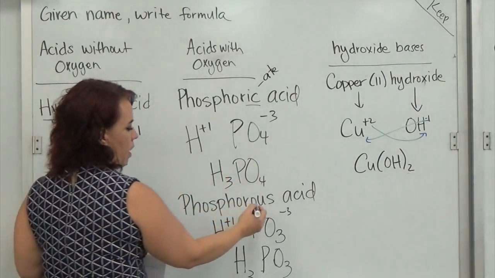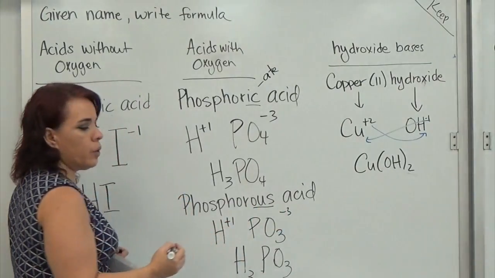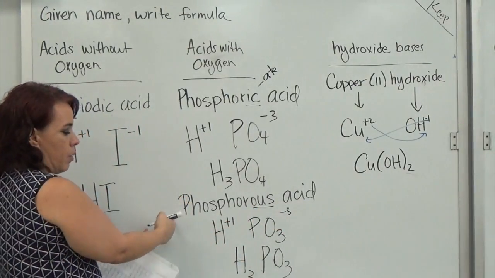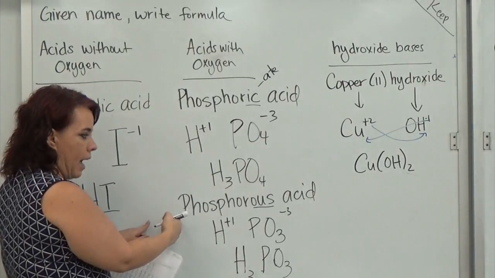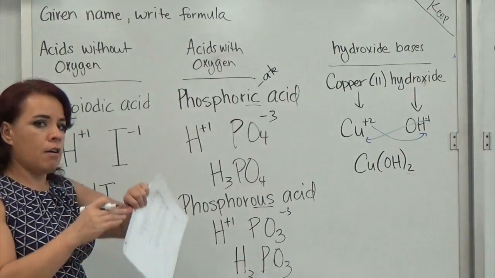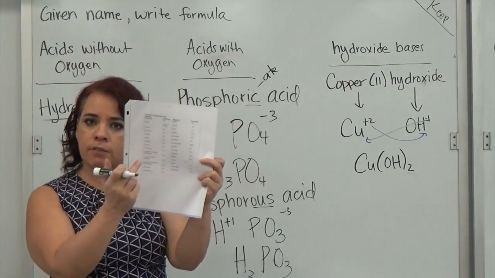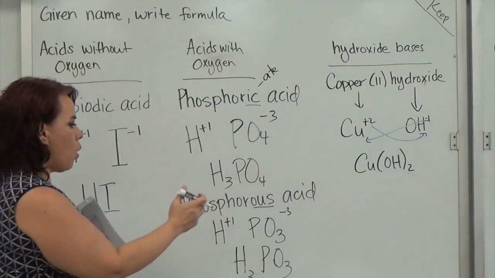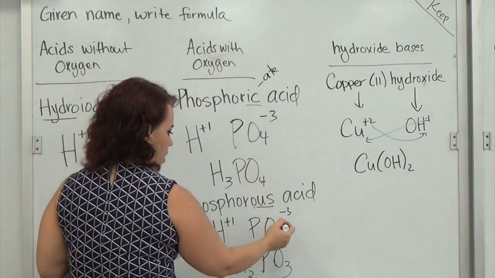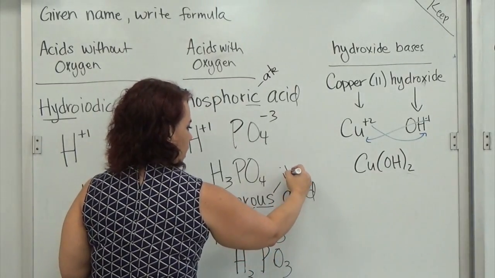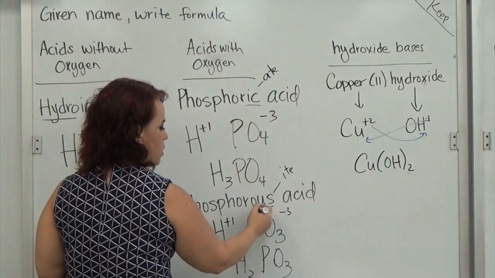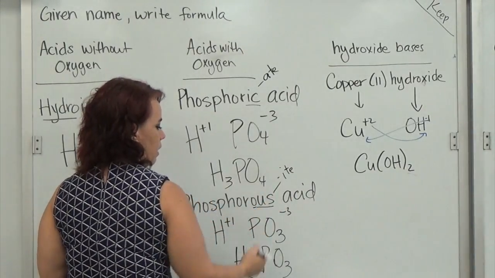Now, in the case of phosphorous acid with the OUS, again, it doesn't start with hydro, so it does have oxygen. I have my choice between phosphate and phosphite. The OUS ending tells me that this is the phosphite ion. So OUS becomes ITE.